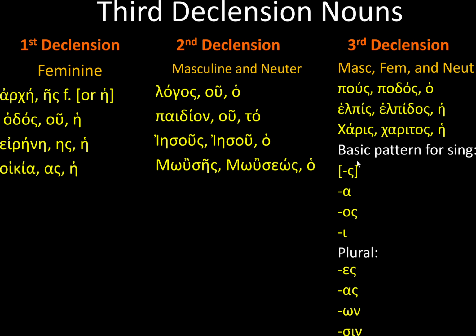We just have to get used to this pattern, sa, os, si, es, as, on, sin. This is the first, we have to get used to that pattern, and secondly, we have to realize that the genitive gives us the main stem from which we build most of the other case endings.